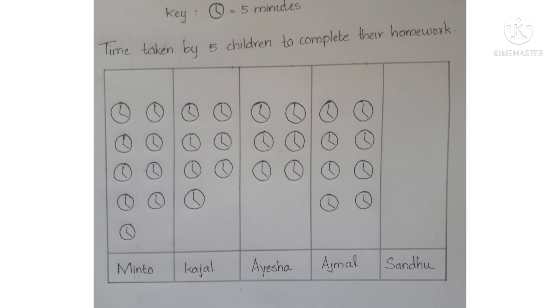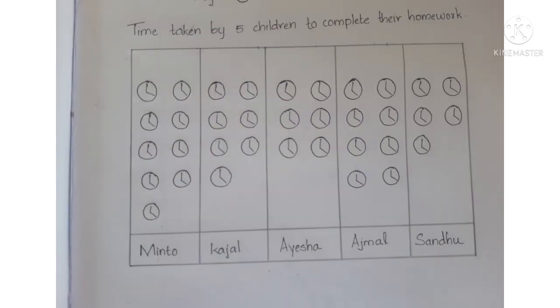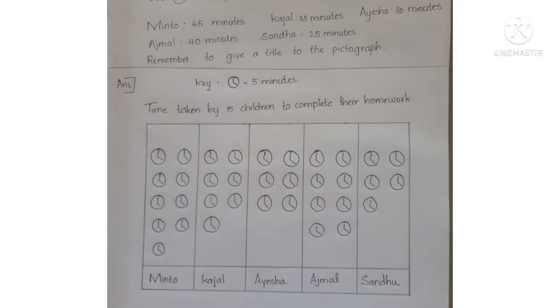And Santu, he took 25 minutes, which means 5 5s are 25. So we will draw 5 clocks just like this. Okay. So this is how you draw a pictograph based on the given data. Okay, children, is it clear? Okay, now let's move on to the next one.